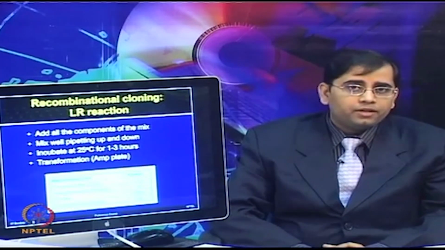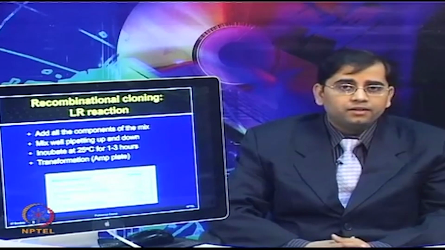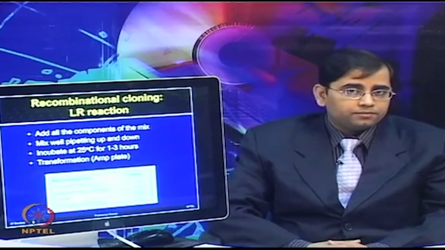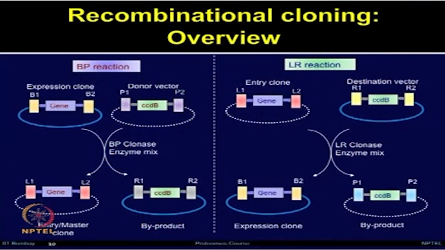Now, this antibiotic will be able to screen only those clones which have the gene of interest in the right vector. So, now as an overview of this reaction of recombinational cloning, there are two steps involved, BP reaction and LR reaction.